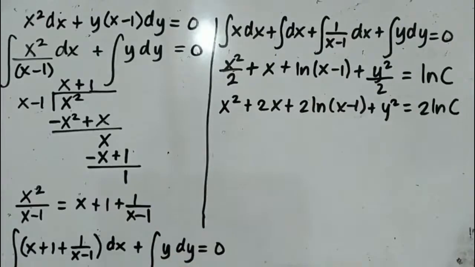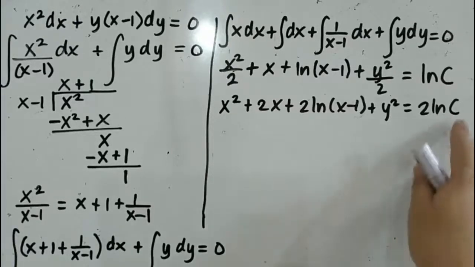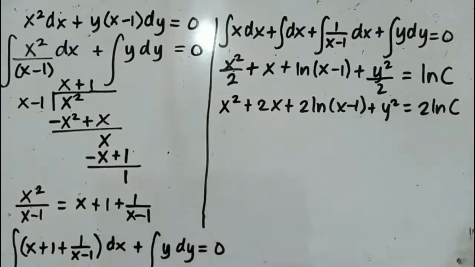So anyway, you may differ in your final answer from my final answer, or the final answer in the book. What is important is your solution, and if we are required to have the particular solution, we will have the same answer, because for a particular solution, the arbitrary constant takes on a specific value.